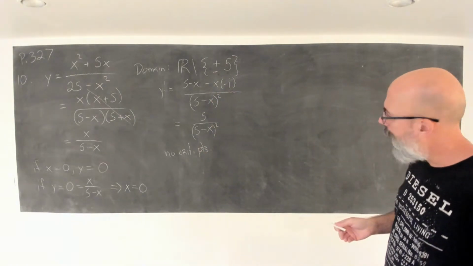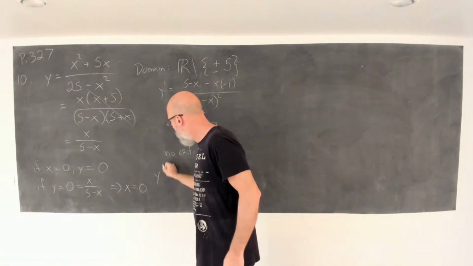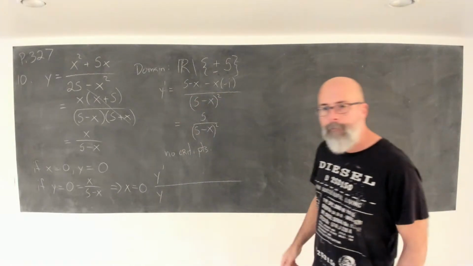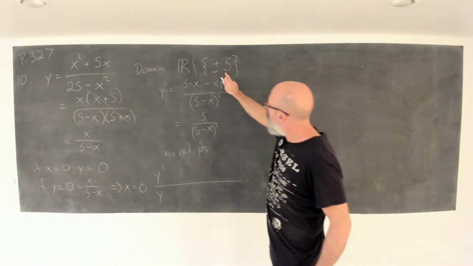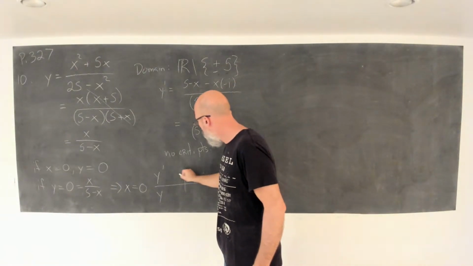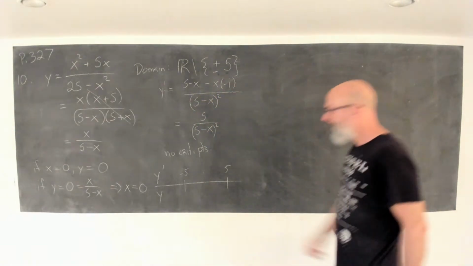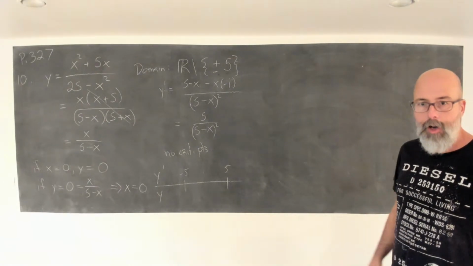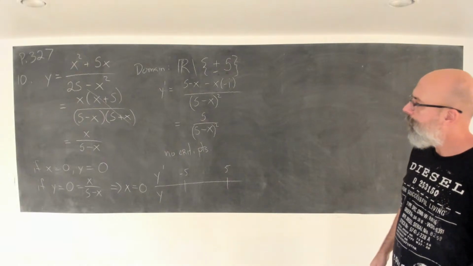Let's do a first derivative chart. Labeling critical points and points that are not in the domain. There are no critical points, but plus or minus 5 are not in the domain, so we need to throw those in.